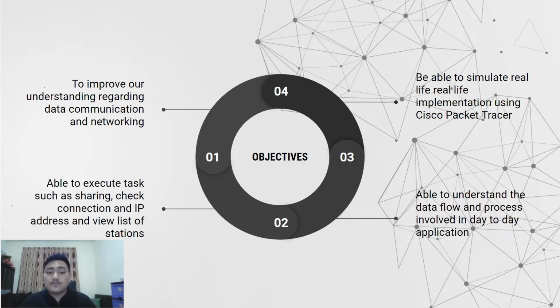We will also be able to execute tasks such as sharing, checking connection and IP address, and viewing the list of stations available in the server or network. Lastly, we will understand the data flow and processes involved in day-to-day application of networking.